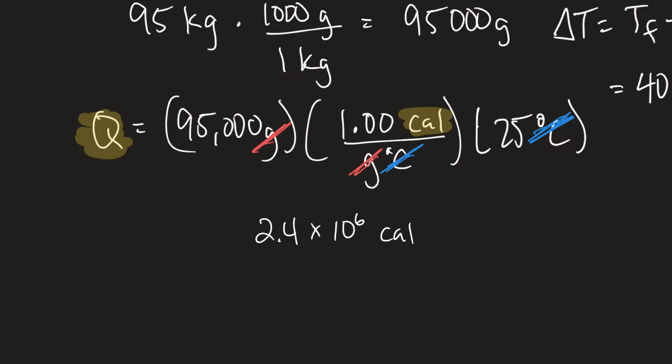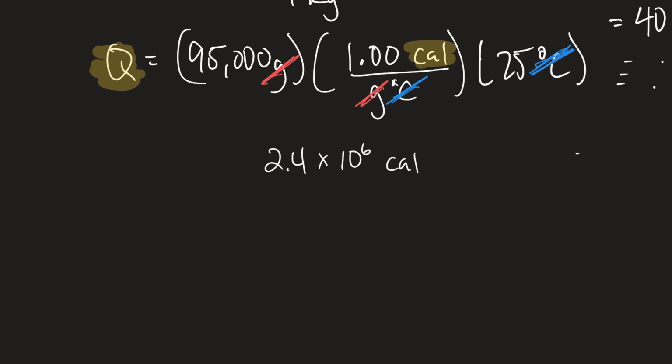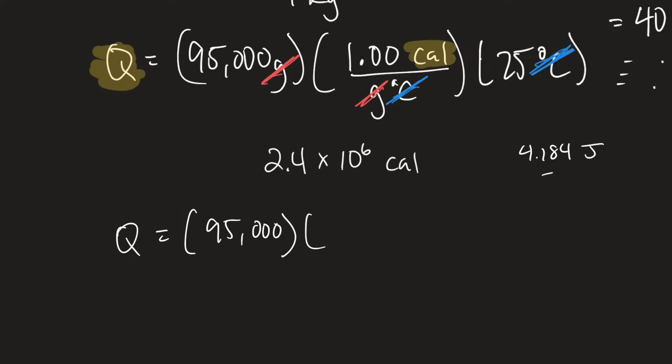Now, this is in calories, so let's redo this in joules so you can see how this works. In joules, this is still Q equals, and we still want the mass in grams. The only difference is that the specific heat of water in joules is 4.184 joules per gram degrees Celsius. I forgot to write grams here.